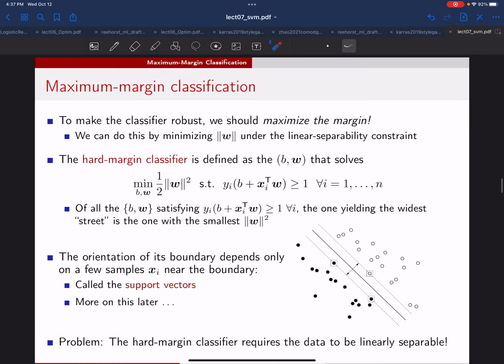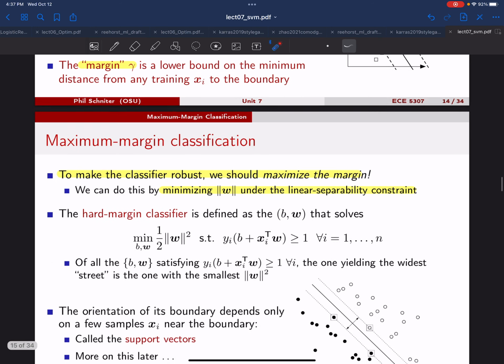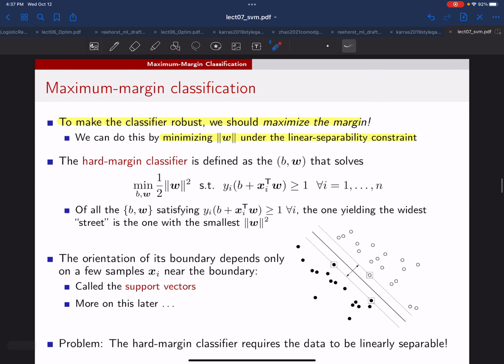Okay, so that's the idea. Our approach is to make the classifier robust. We're going to maximize the margin, and we're going to do this specifically by minimizing the norm of W under the linear separability constraint. Minimizing the norm of W makes this part big. Writing that down as an optimization problem, it's a constrained optimization problem.